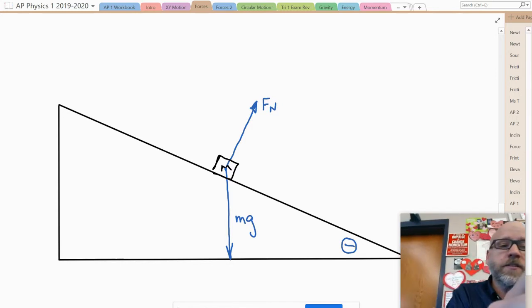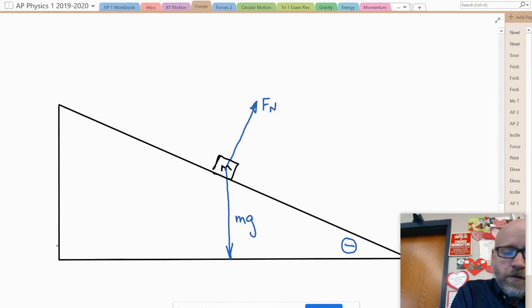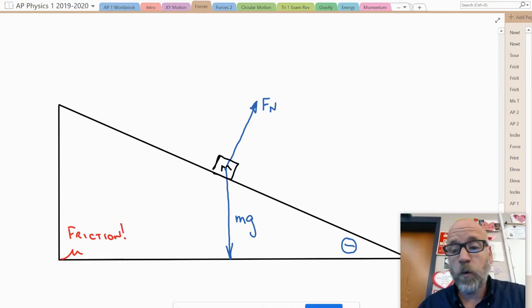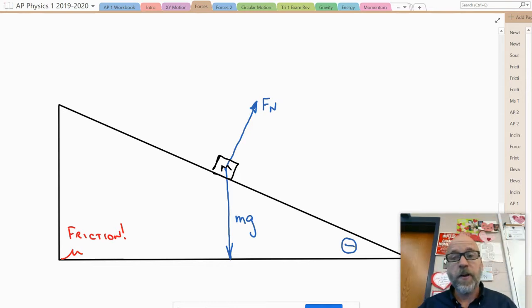And this time, there is friction, mu. So instead of it saying ignore friction, there is friction.